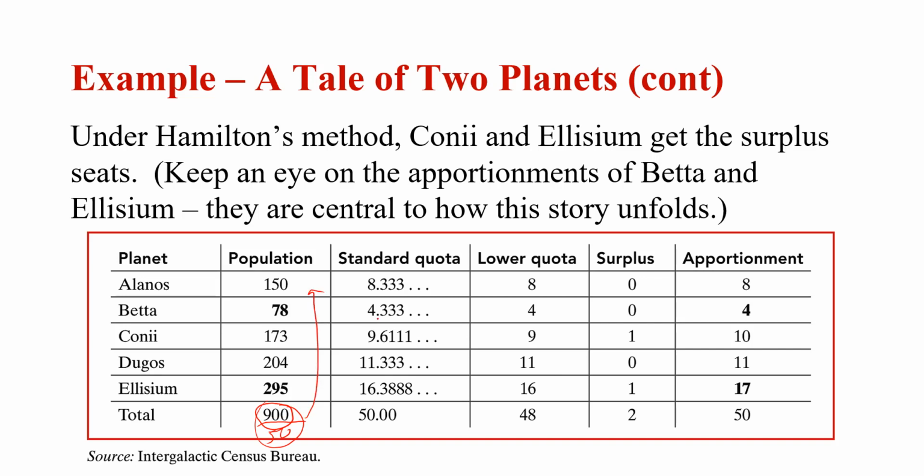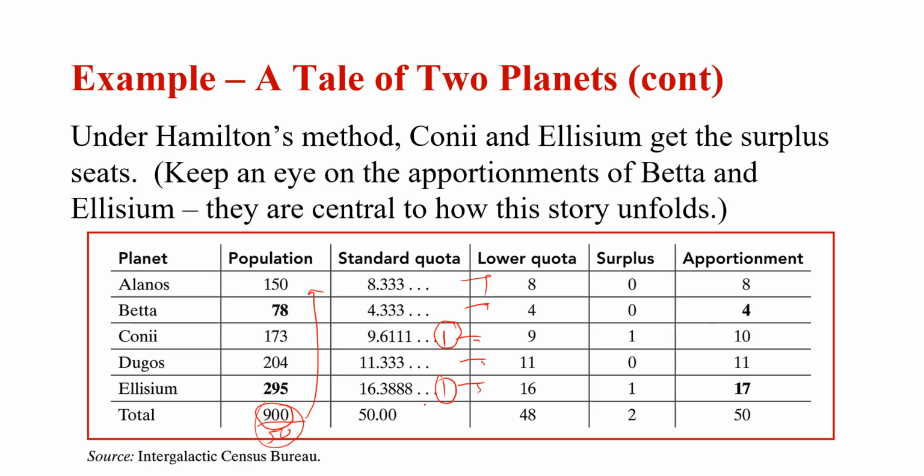Let me bring it up here. Okay, are we good there? Everybody receives their lower quota. Everybody good there so far? So everybody's at 48. We have 2 more that we can give. So that's going to go to 6.111. That gets another seat. And this guy gets another seat. All right, let's see what happens next.